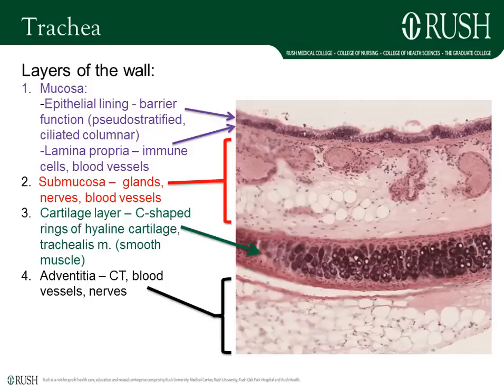In other words, they maintain the airway patent. And outside of the cartilage layer, there's an adventitia, which is a general term for a connective tissue outer layer. And that has some loose connective tissue fibers, blood vessels, nerves, oftentimes a lot of adipose for cushioning.